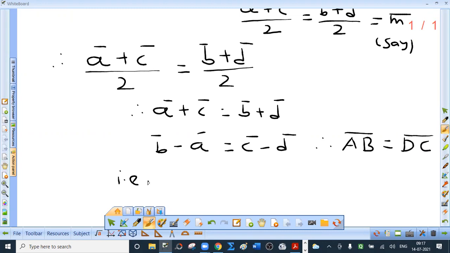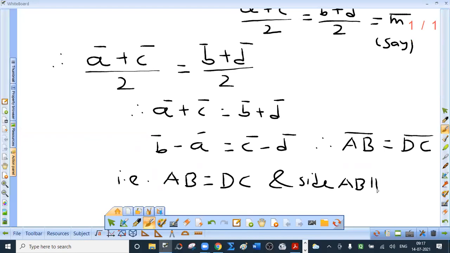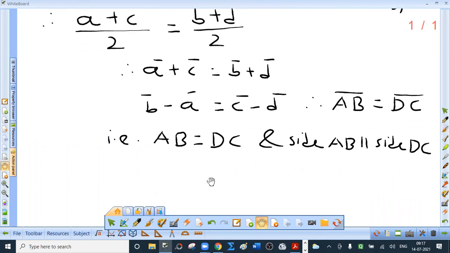That is, AB equals DC, where AB means mod of AB bar, and side AB is parallel to side DC. And this happens only if the quadrilateral is a parallelogram. Therefore, quadrilateral ABCD is a parallelogram.